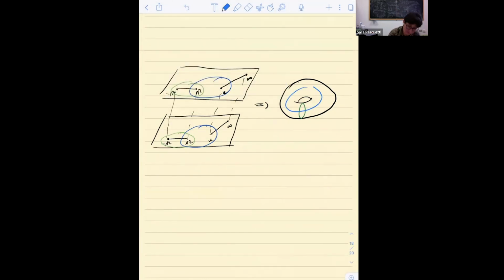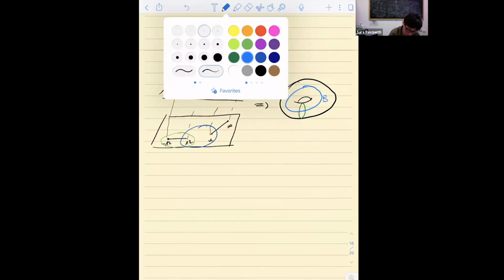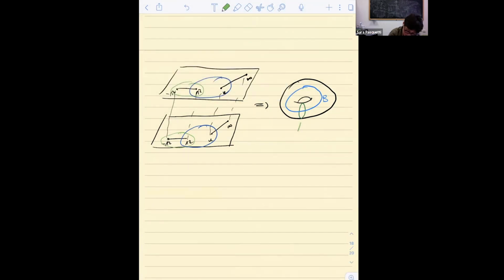And then I will have this other cycle, let's call it the B cycle, and let's call this other one the A cycle.